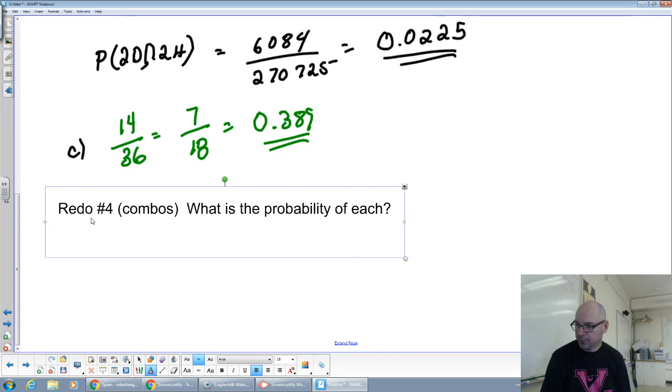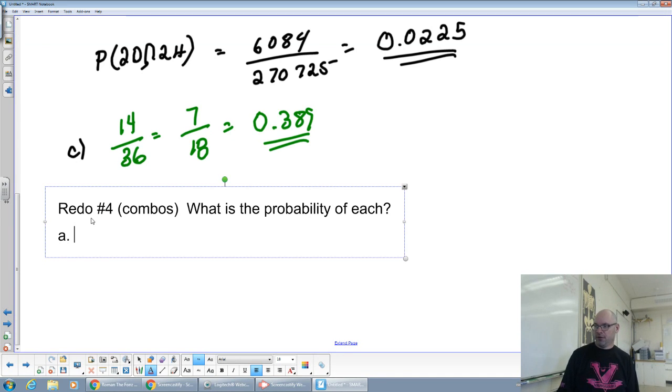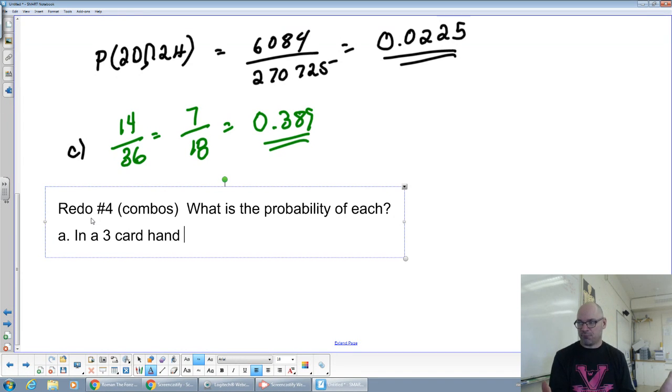Let's do getting 4 cards and getting all aces. Let's go with a 5 card hand, or no, let's go with a 3 card hand. In a 3 card hand, the bottom is going to be taking 3 cards out of 52 for your total number of possibilities.